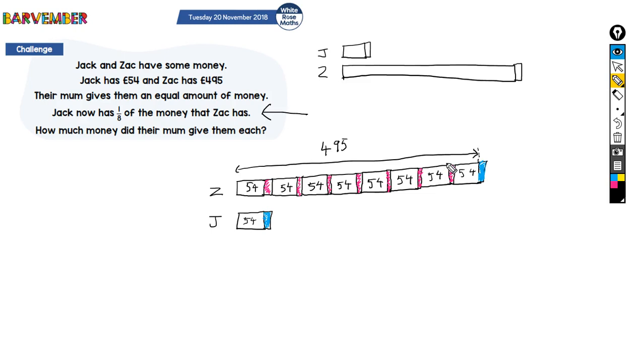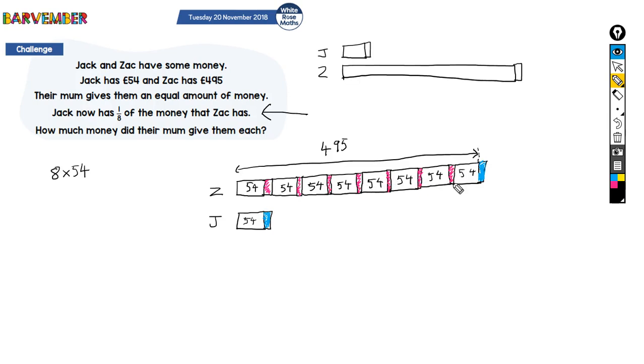It says how much money did their mum give them each. Well, I know what each of these is worth, and I know that each of these pink bits is the same. So 495 is made up of 8 times 54, plus 1, 2, 3, 4, 5, 6, 7.